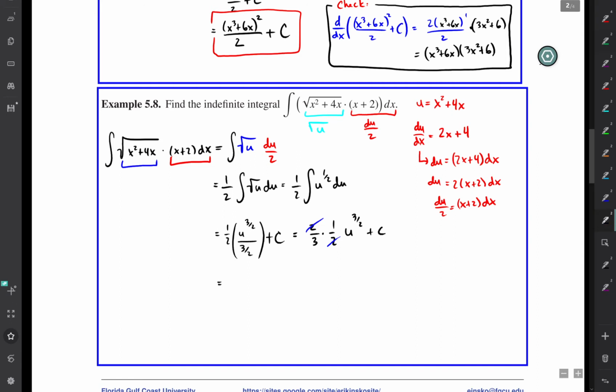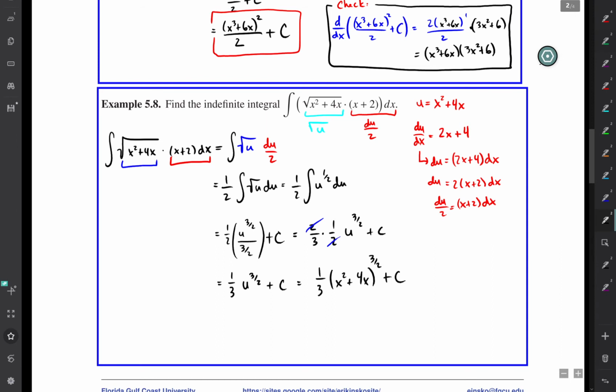So this is 1/3 u to the 3/2 plus c, and then we substitute back in for u, of course. So this is 1/3 times (x squared plus 4x) to the 3/2 plus c.